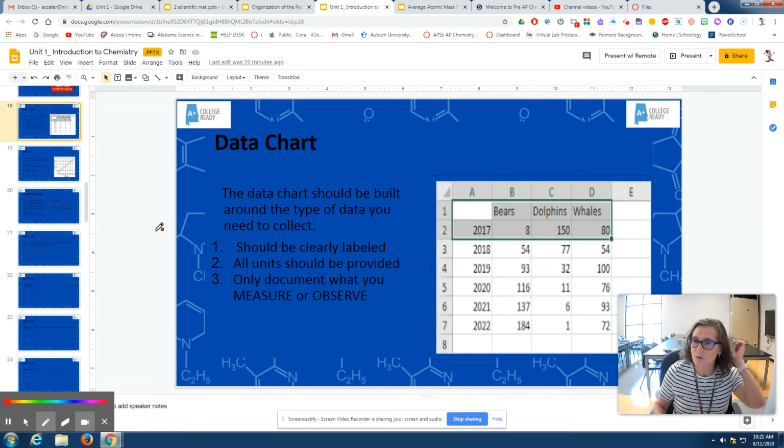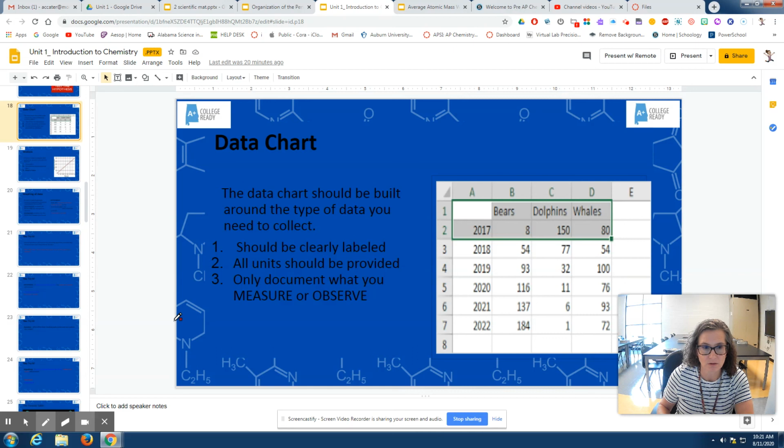Okay, so when we do test our hypothesis, this is the experimentation part, we gather data. And most of the time we will put that data in a chart form. Your data is going to be what you measure or what you observe.